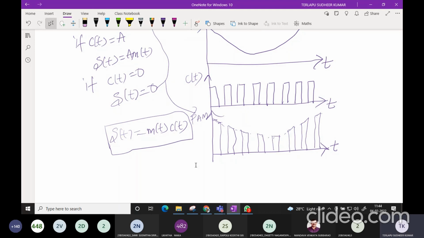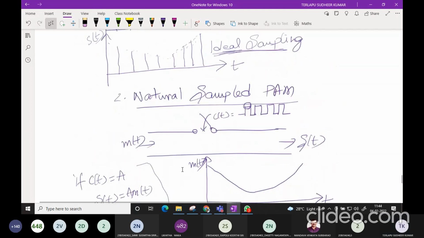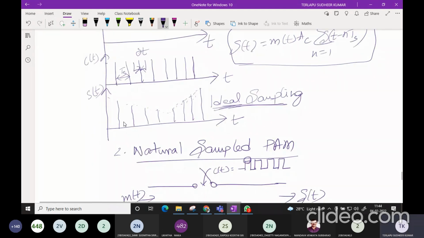Because the carrier used here is different, you are close to the answer, but what I am expecting is this. In ideal sampled PAM, I have a fixed value. If I take the sample value, say 4.3 volts, or 3.7 volts, these are all unique sampled values, only one value.